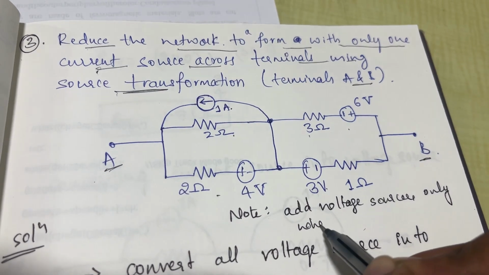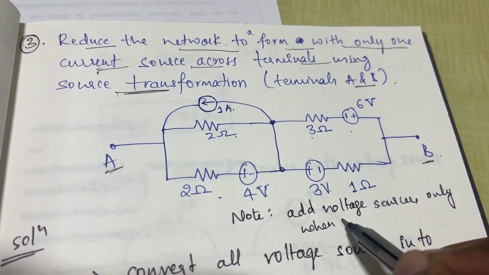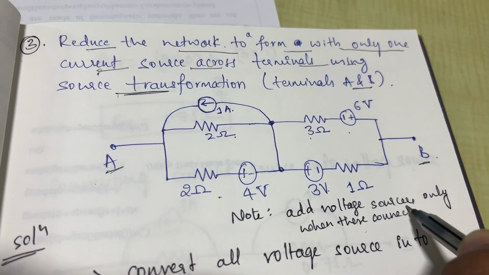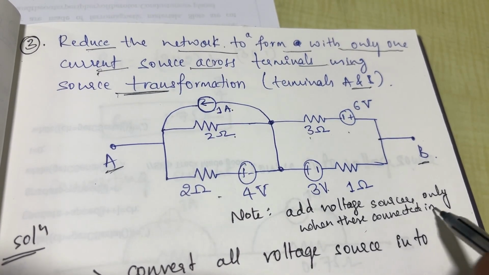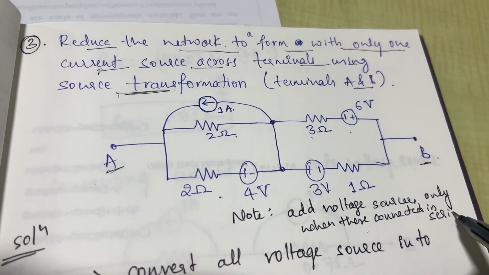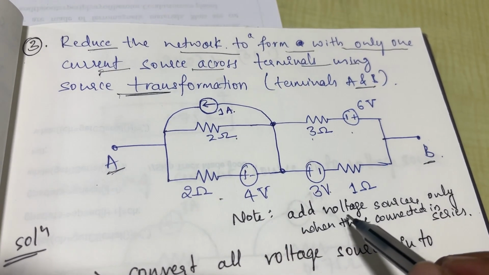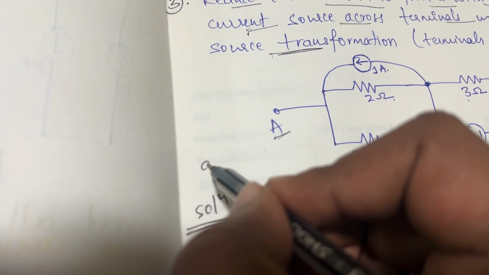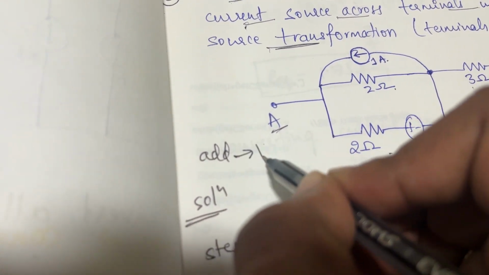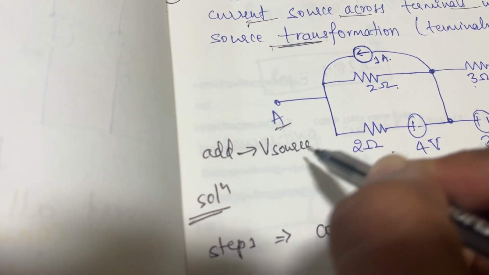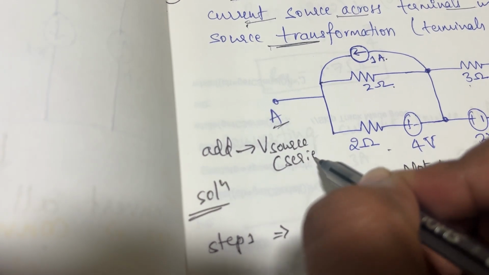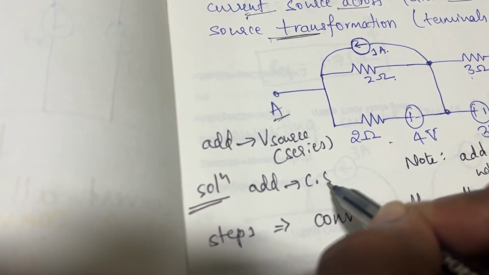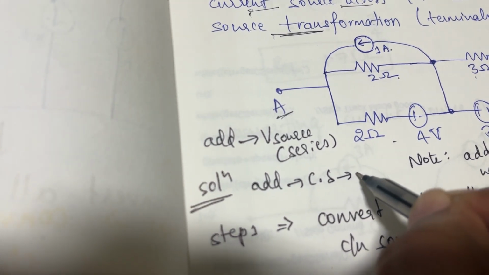At the same time, you cannot add the current sources when they are connected in series, because in a series circuit current will be the same, hence you can add the current sources only when they are connected in parallel. This note you need to remember: add voltage sources only when they are connected in series. Similarly, add current sources only if they are connected in parallel.